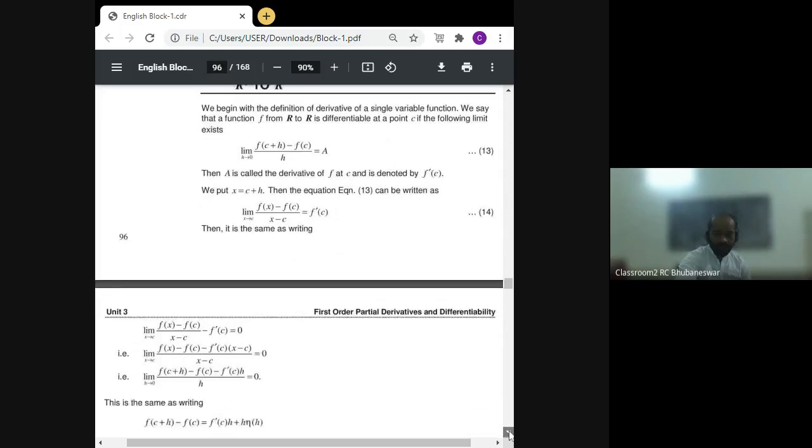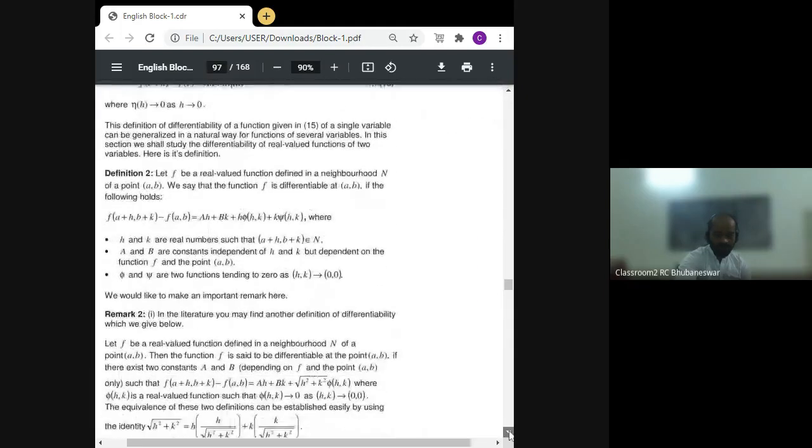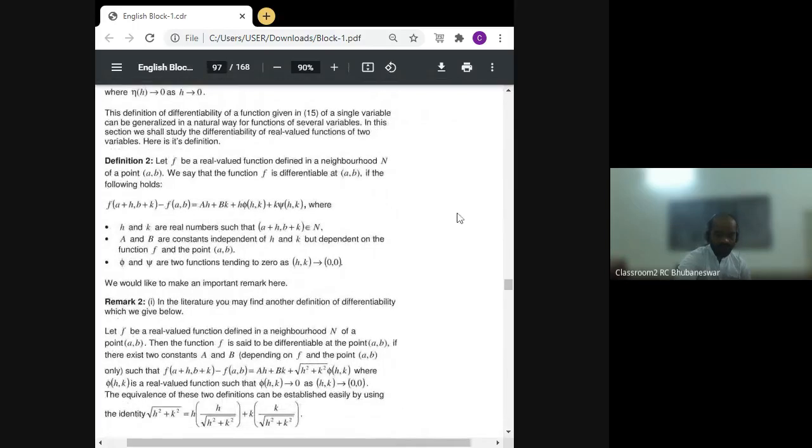The definition is represented here, but look at the main definition of differentiability of a function. The definition goes like this: let f be a real valued function defined in a neighborhood of a point (a, b). Then the function f is said to be differentiable at the point (a, b) if the following condition holds.